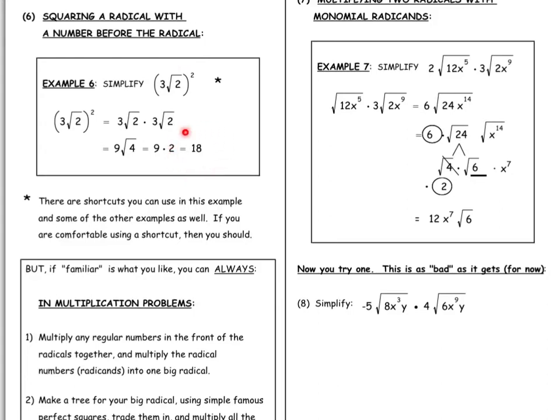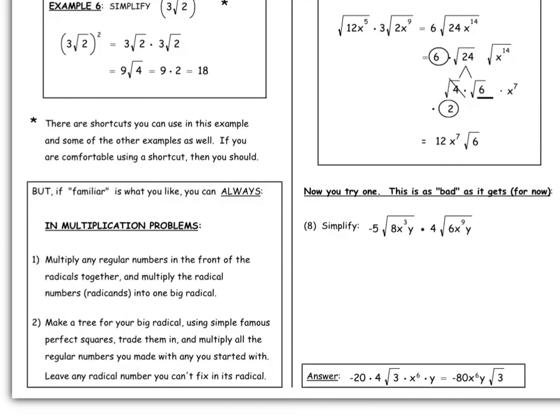And again, as we saw in class with Michael's explanation and with other explanations, you can get 18 faster, but who wants to be fast when it's easier to be simple and right and not annoyed? There are shortcuts you can use, as I said before, and if you like using them, please go ahead and do so. However, if you want to be familiar and comfortable, then in any multiplication problem, all you have to do is multiply any of the regular numbers in front of the radicals together and multiply the radical numbers together into one big radical.